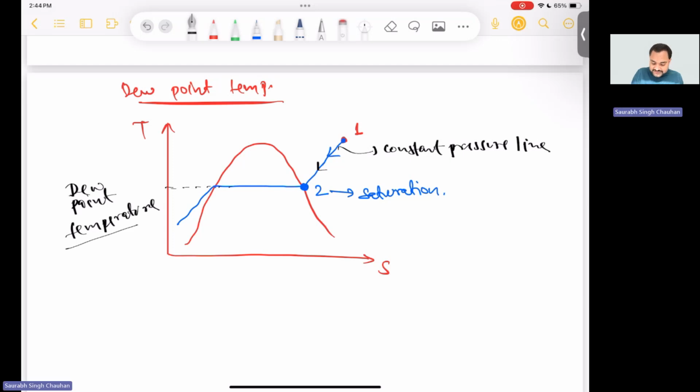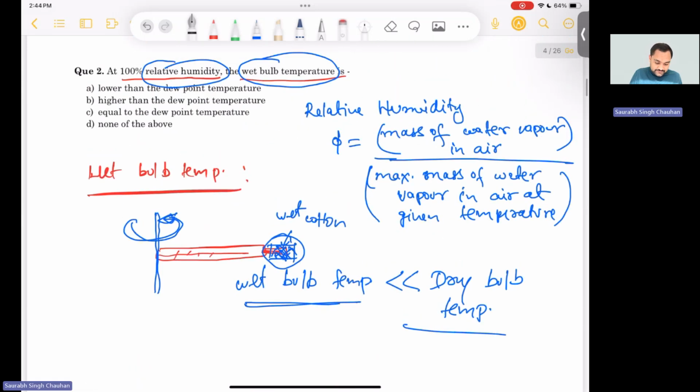And since at this point 2 we have reached the saturation state, the relative humidity will be 100%.